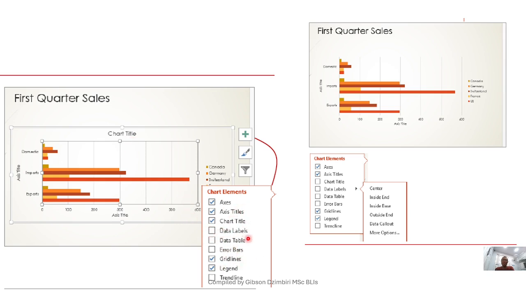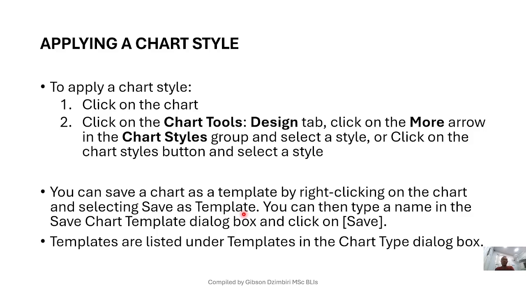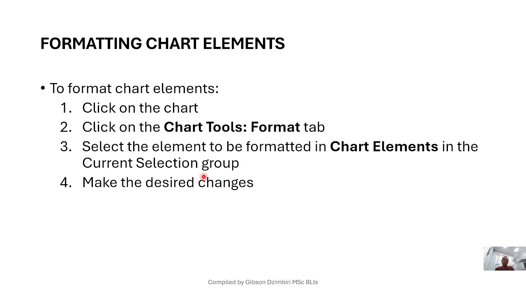So if you tick, it means that you have the data label. If you untick it, nothing is going to appear. You can apply chart style. So there are tools in PowerPoint that will help you to design your chart so it could look nice. It will be according to your preference. So just try to practice with them. You can format your chart elements.